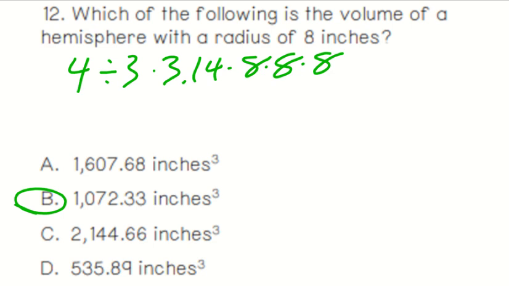Everybody on your calculator, do 4 divided by 3 times, then hit the second button, that blue one, and that little triangle that's above the division. You see how you got the pi symbol then? And then go times 8 times 8 times 8, and then divide that by 2. And you see how that gives you their answer?